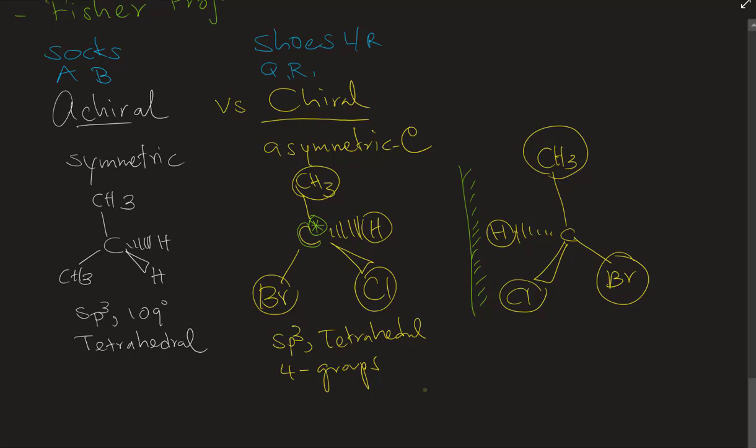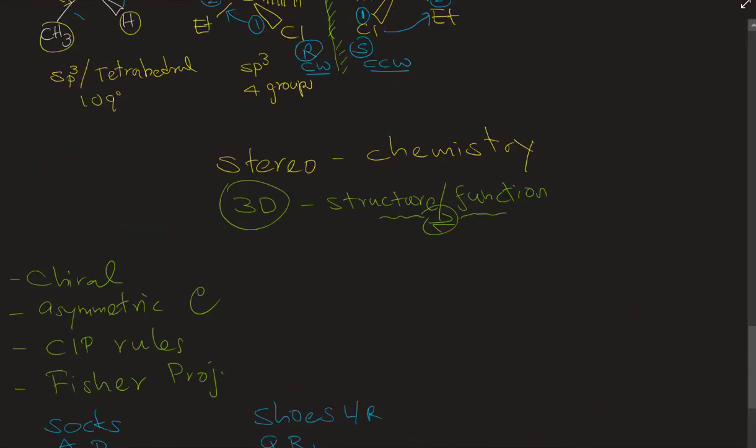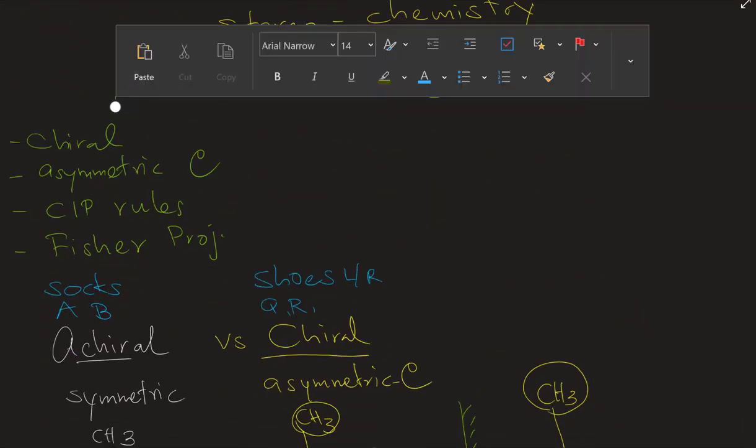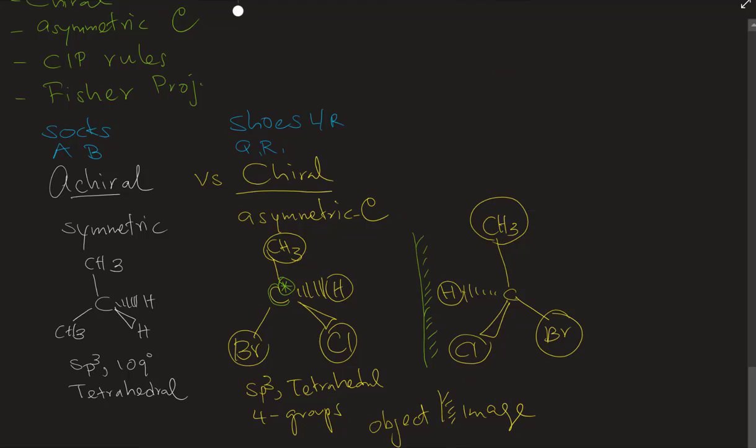You can actually mirror it using your phone, any small mirror. You can see object and image. These are the object and image, and this pair is called the enantiomer pair. Enantiomer pair means object and image of an asymmetric carbon-based molecule, right?